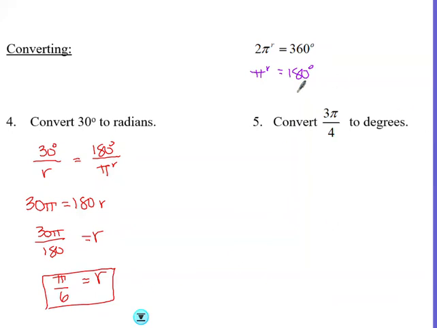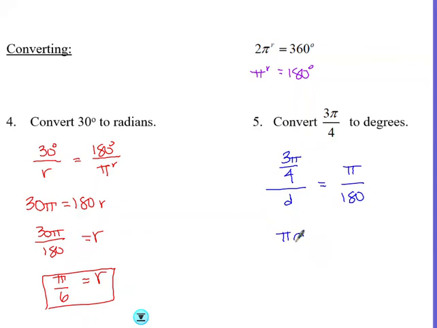I can do the same thing when going from radians to degrees. So if I know that I have 3 pi over 4 radians, I want to figure out what that is in degrees. Then I can use my conversion factor. I put the radians on top in the first fraction, so I need to put the radians on top in the second fraction. Then I can go ahead and cross multiply.